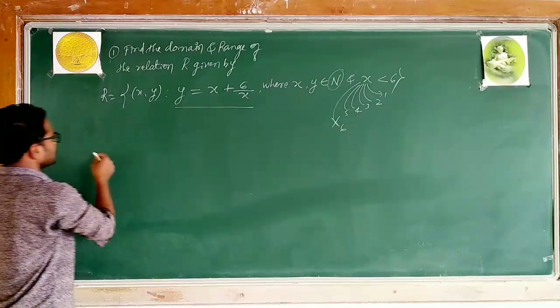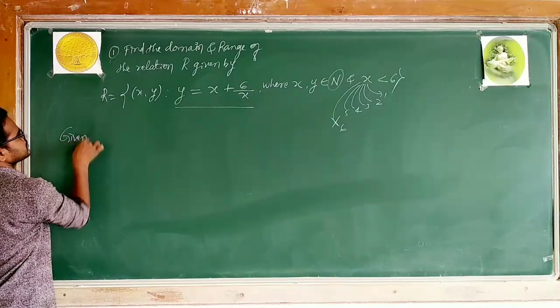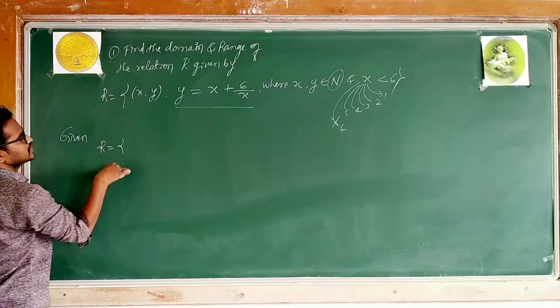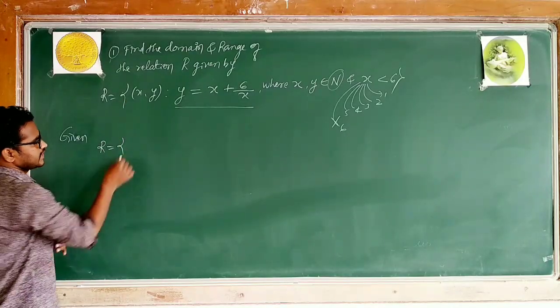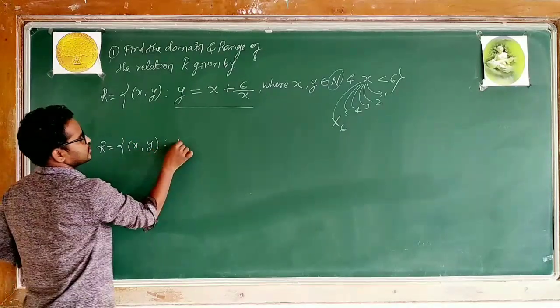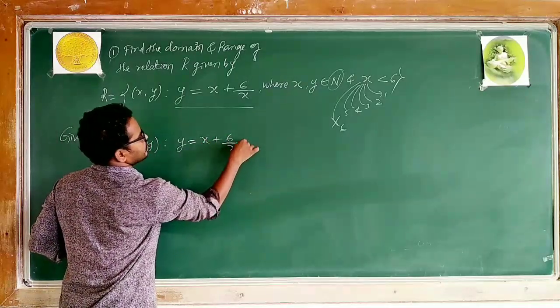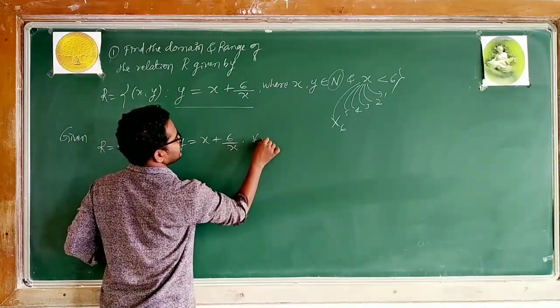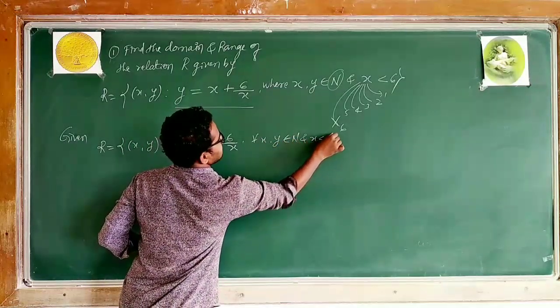Now I will write R is equal to {(x, y) such that y is equal to x plus 6 divided by x, where for all x, y belong to natural numbers and x is less than 6}.